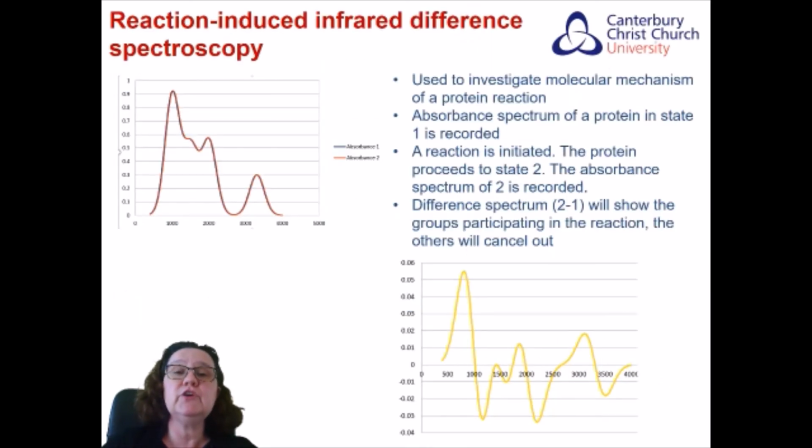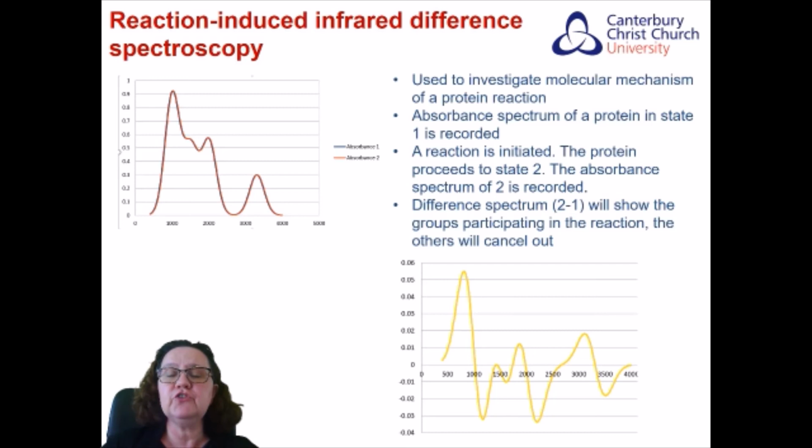Another useful thing you can do with amide bands, amide modes, and infrared spectroscopy is something called reaction-induced infrared difference spectroscopy. And it is used to investigate molecular mechanisms of protein reactions.